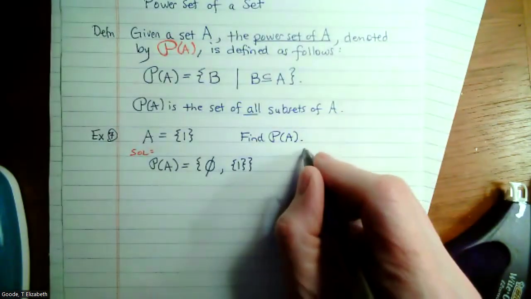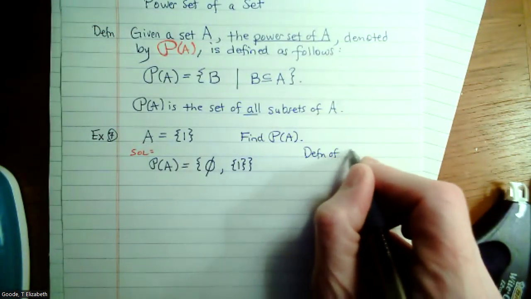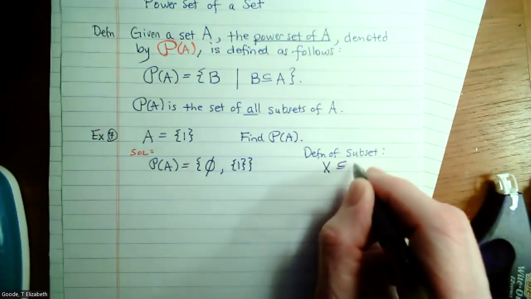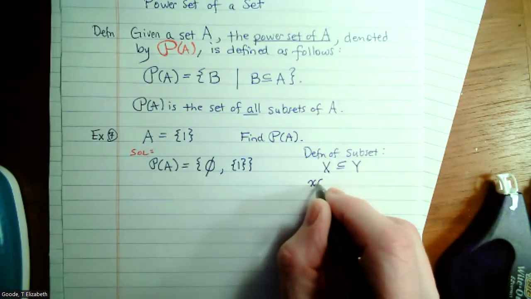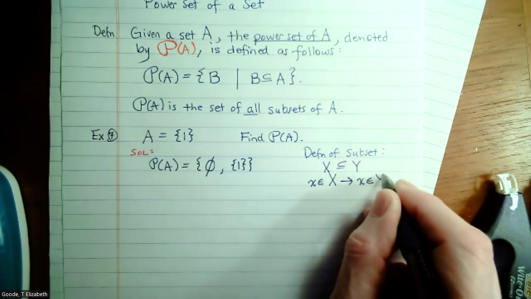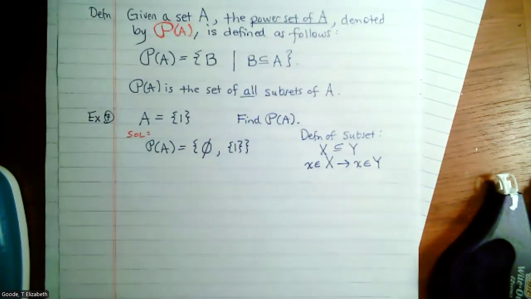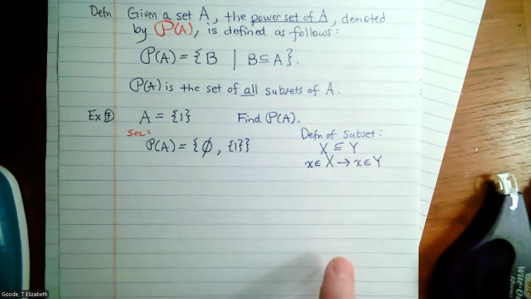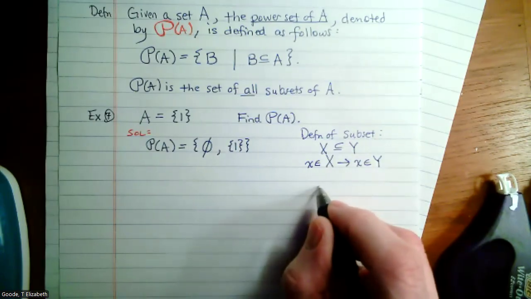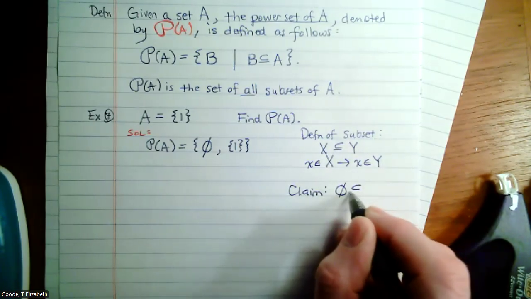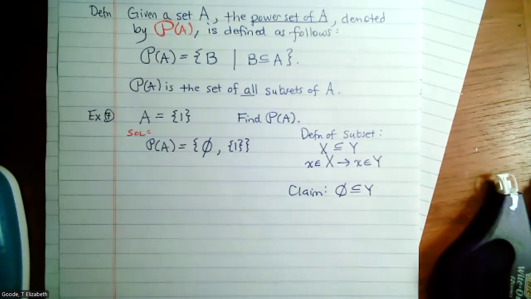Remember the definition of subset. X is a subset of Y means if little x is in X, then the element little x is in Y, right? That's what it means for big X to be a subset of big Y. So I claim that the empty set is a subset of Y for any set Y. Why?